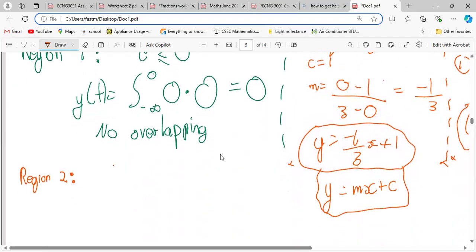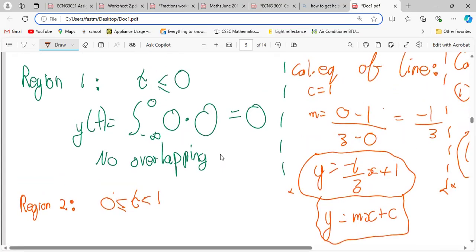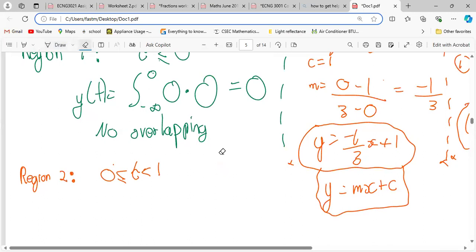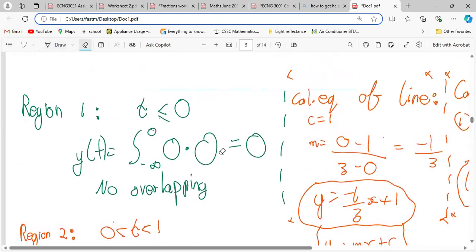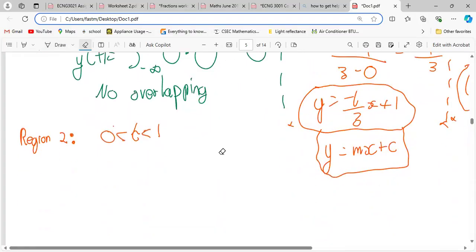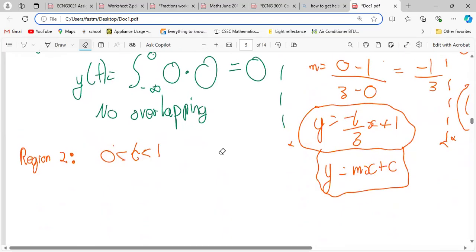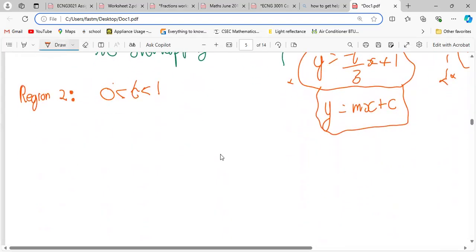And this would be when t is less than 1, but more than or equal to 0, right? Like you say more than 0, not equal to. But we used the equal to in the last one. So it's already covered. So that is where t is now. It's more than 0, but less than 1, right? So same thing.